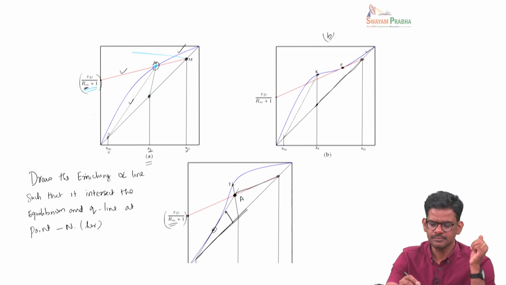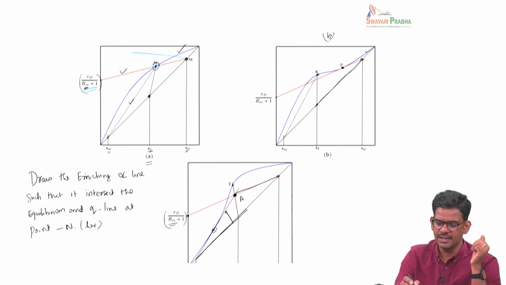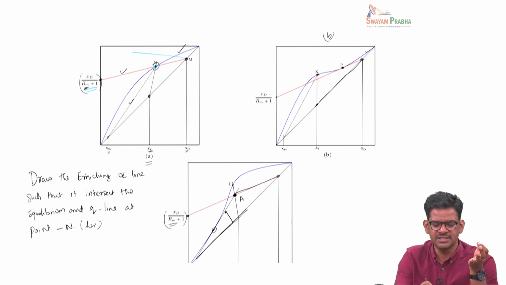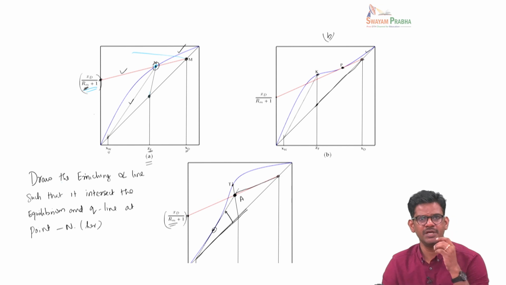Then we look at the point N, which is the intersection of the Q line and the equilibrium line, and then we draw the enriching line from M through N all the way to the intercept. And by reading the intercept value and equating that to XD by Rm plus 1, we can find the minimum reflux ratio.